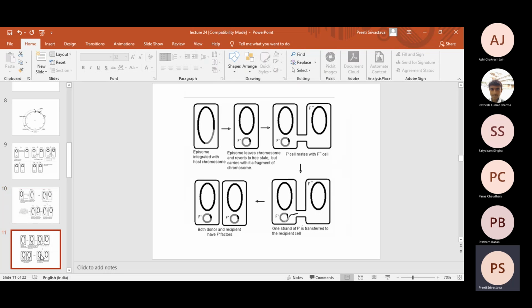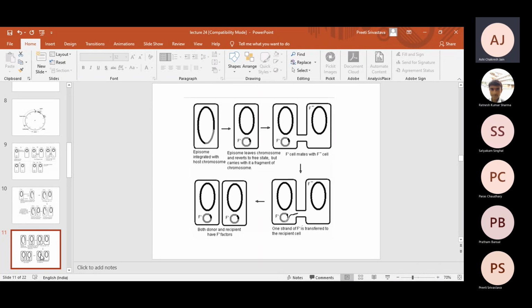And then the third one, the F prime. Sometimes, instead of the chromosomal DNA directly being transferred, some part of the chromosomal DNA is present in the form of a plasmid, as in with the F plasmid we have some amount of chromosomal DNA also.